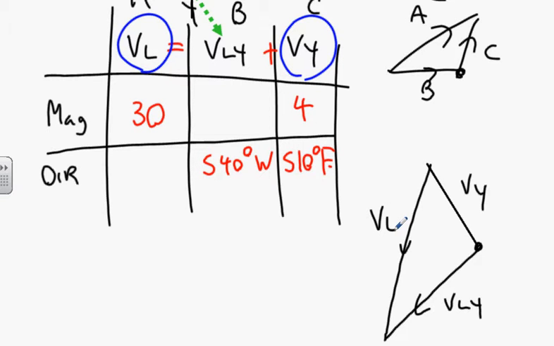Now, I need to figure myself out some angles. What angles can I use here? I've done some angles already, so I'm just going to draw in little cross threads here and here. South 10 degrees east, so that makes 10 degrees right there.